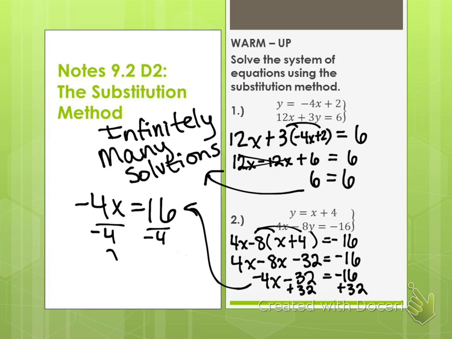What do I get for x? Negative 4, good. Am I finished with this problem? What do I still need? Okay, so we're not done until we have both x and y. So this is just part of our answer.